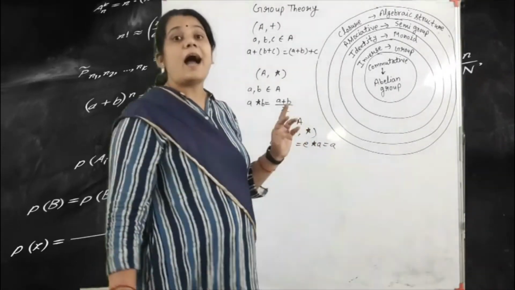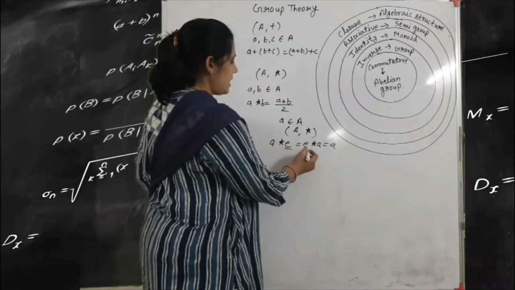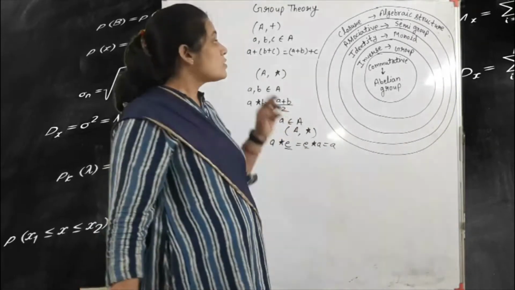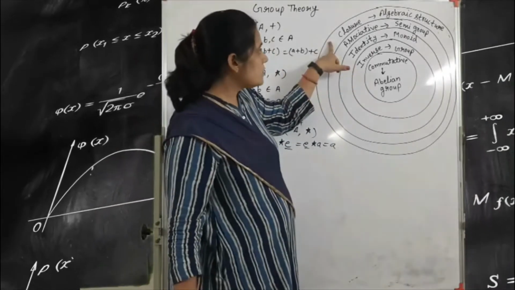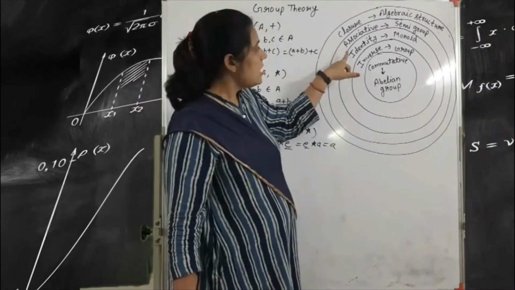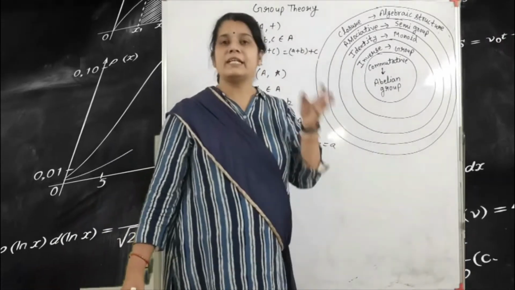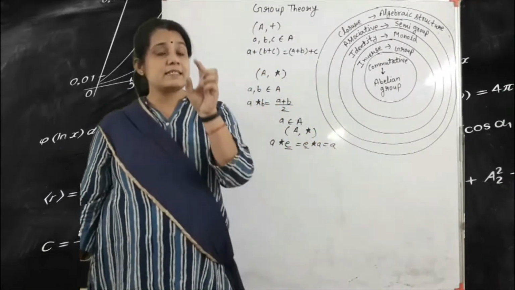This is the identity property and e is the identity element. If a set A satisfies the closure, associativity and the identity property, then we can say that this is a monoid.